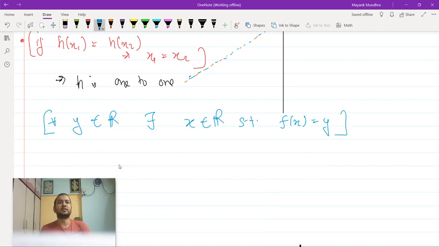This is the second theorem. This is also true, because you give me any y.